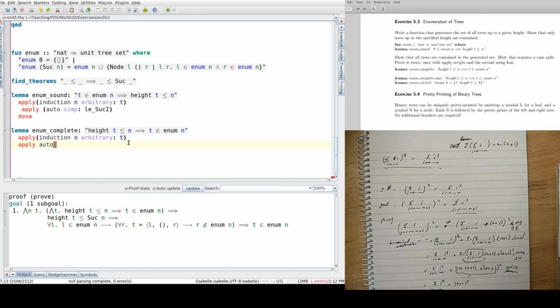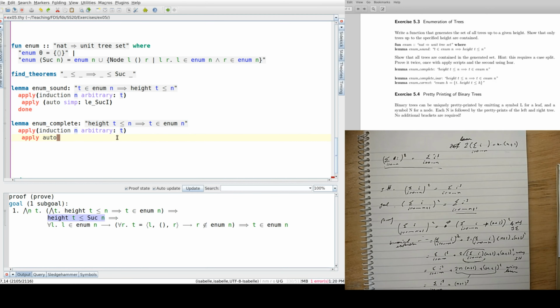So we're going to split cases on t, and that will give us two cases. So t can either be a leaf, and then this will go by auto, because leaves will always be in enum, because enum of 0 is a subset of enum of any other number.